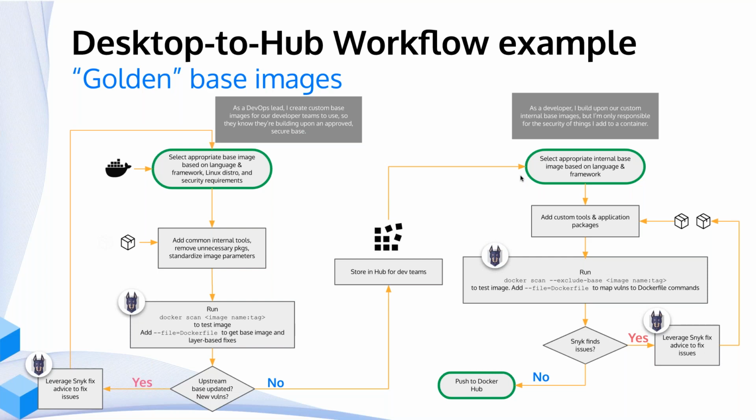And then they're going to add in their custom tools and application packages. And then they're going to run locally and scan that image. They're only going to be really concerned about what vulnerabilities they have added into the image, right? And they're going to fix those. Once those are all fixed, then they'll push to the hub and kick off their CI/CD. So those are the two main scenarios.